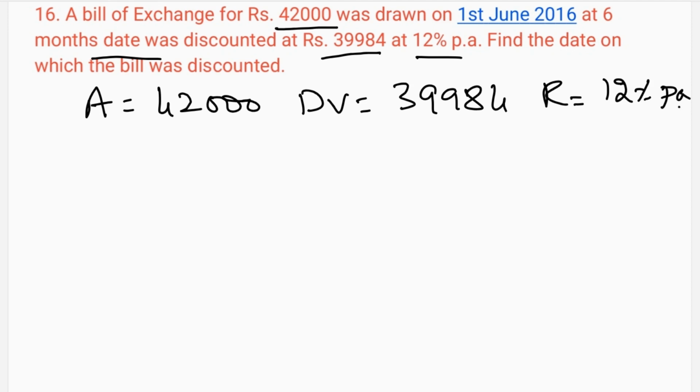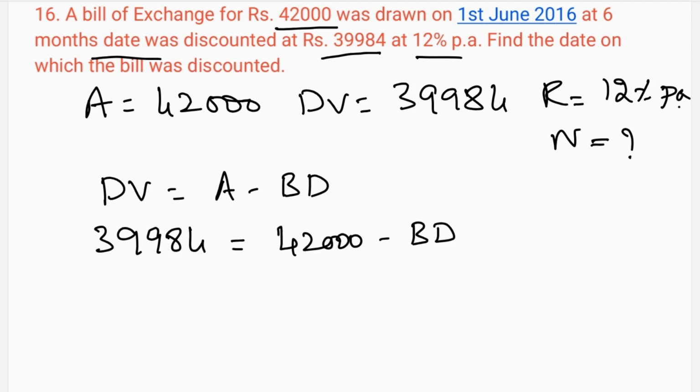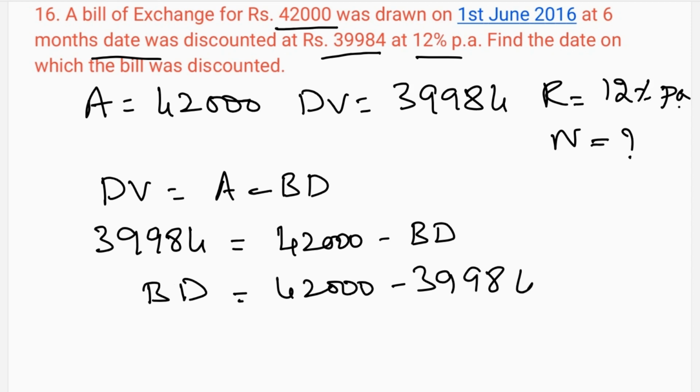So we will find out n. The DV formula is A minus BD. So DV is 39,984, A equals 42,000 minus BD. If you send BD this side, this becomes 42,000 minus 39,984. So bill discounting will be 2016.